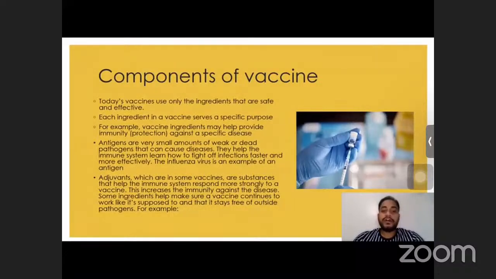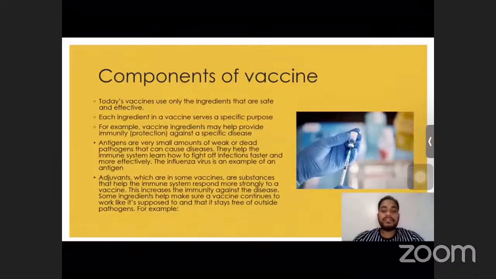They help the immune system learn how to fight off infections faster and more effectively. The influenza virus is an example of an antigen. Adjuvants, which are in some vaccines, are substances that help the immune system respond more strongly to a vaccine and increase the immunity against the disease.